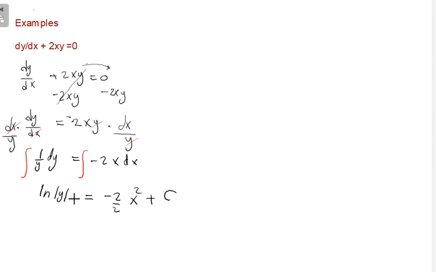Now as a result of the integration, we have ln absolute value of y plus c1 on this side and plus c2 on the other side. I take the constant from this side to the other side. Now we have c, which is c2 minus c1. As they are all arbitrary constants, it's okay to add or subtract constants and it will give me a constant too.